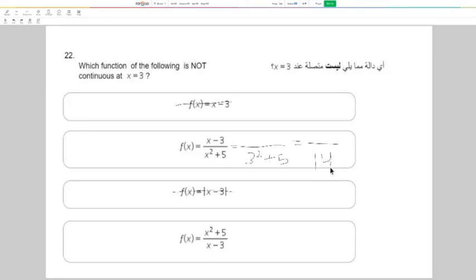And it's not 0, so it's not going to be the correct answer. And for this one, if we replace the x by 3, it's going to be 3 minus 3, which is going to make the denominator equal to 0. So this function is going to be discontinuous.